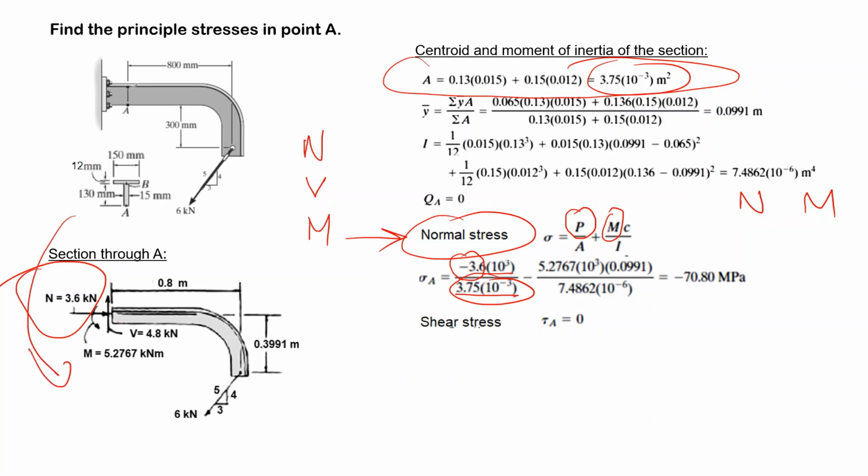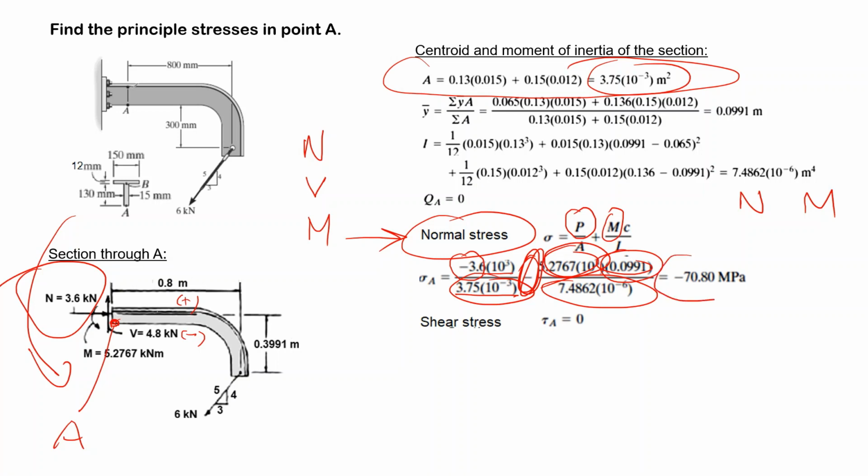So in point A, which is over here, the effect of such a bending is negative in the lower fibers and positive in the upper fibers. Then you will have negative bending moment times the distance to the neutral axis, divided by the moment of inertia.